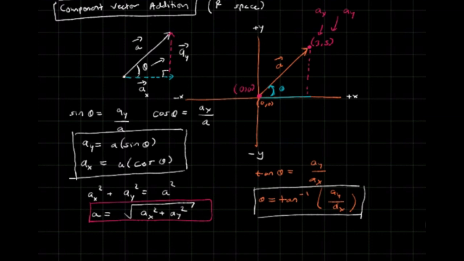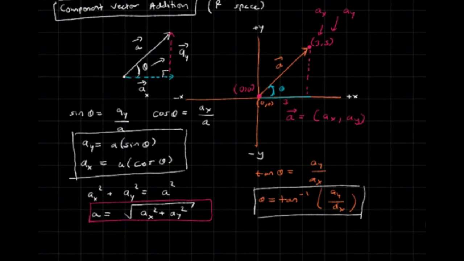So in that sense, we usually represent vectors in the form of an ordered pair because it tells us exactly where its x and y component is. Another way to say this is basically vector A can be written as (ax, ay), and this is the component form of a vector, right? Or the Cartesian form of a vector, right? So this is really important, and you can use this to figure out the magnitudes of each, right?